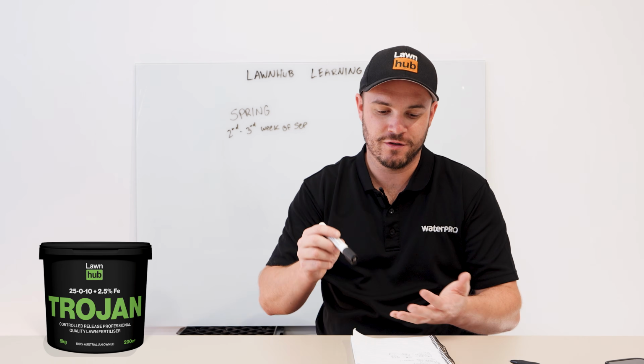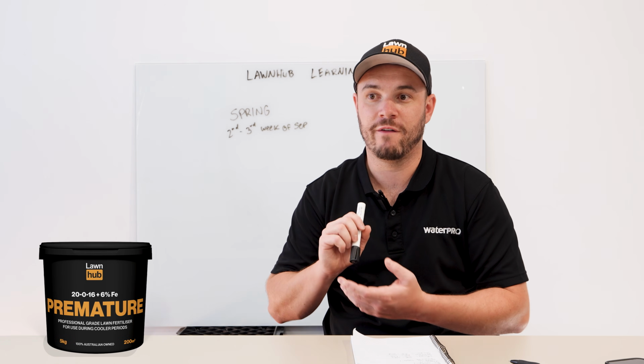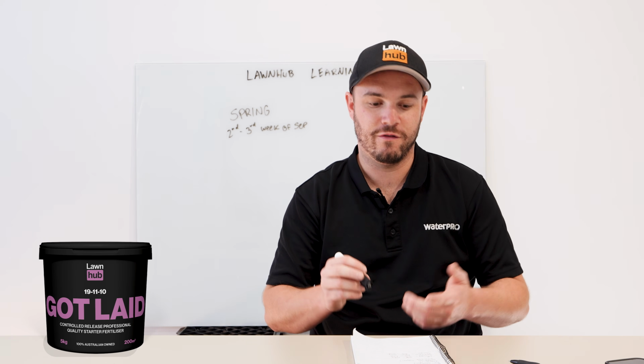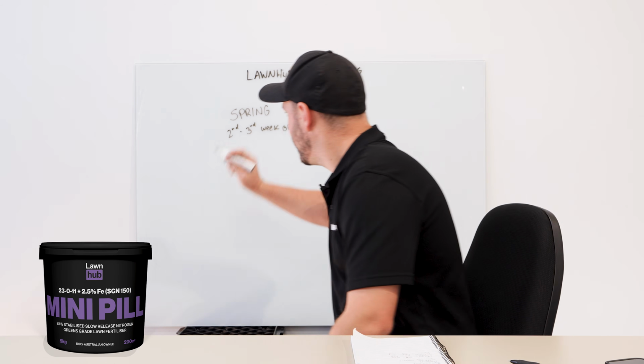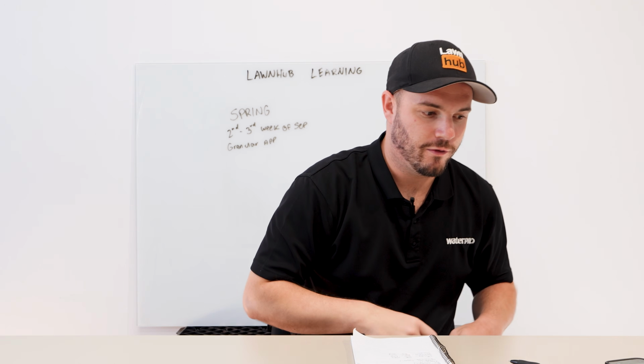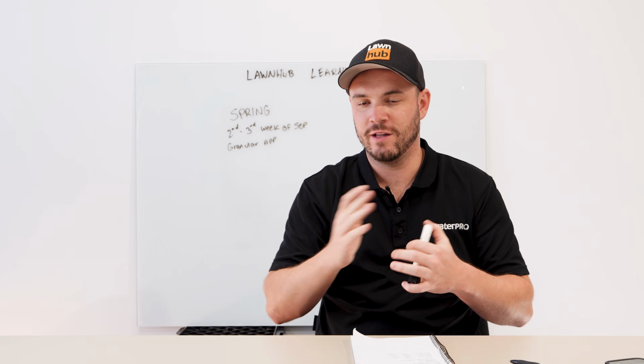So whether that's Trojan, if you're still wanting to use Premature, if you're after a more balanced fertilizer, Gold Lay, or if you have your Real Shortcut Turf Mini Pill. So that's when you want to do your granular application. Second, third week of September, that is going to be your first part of food into the soil.